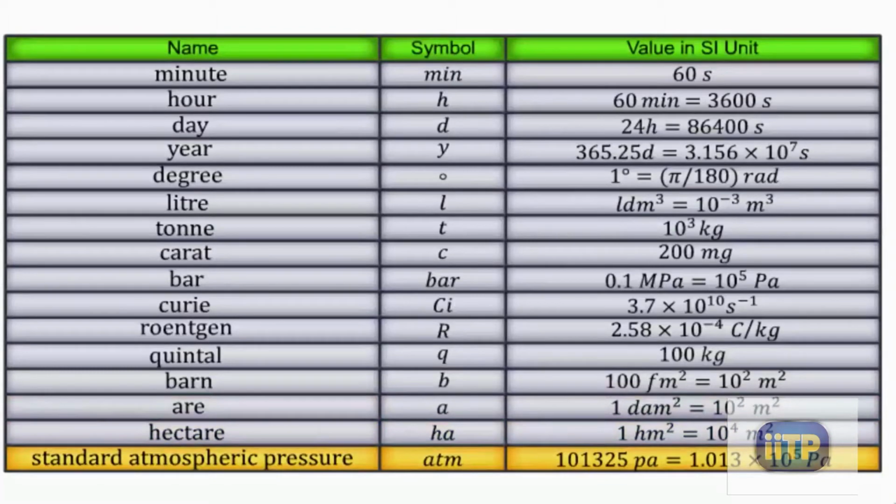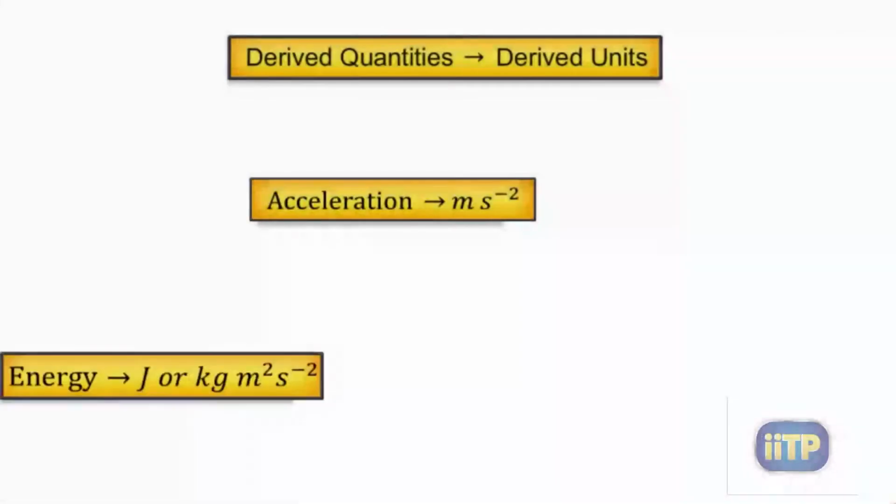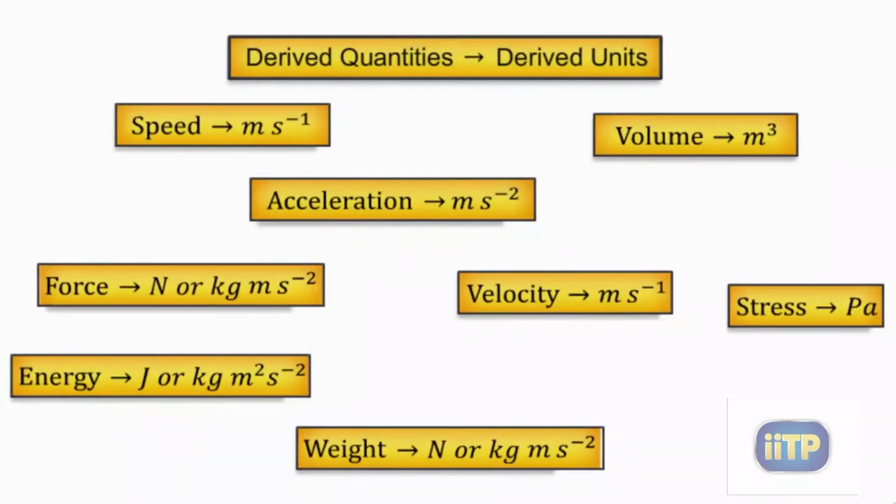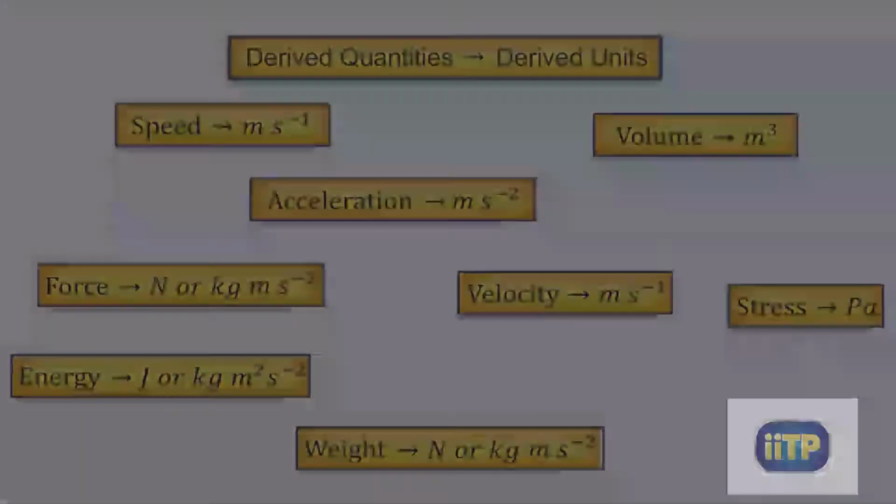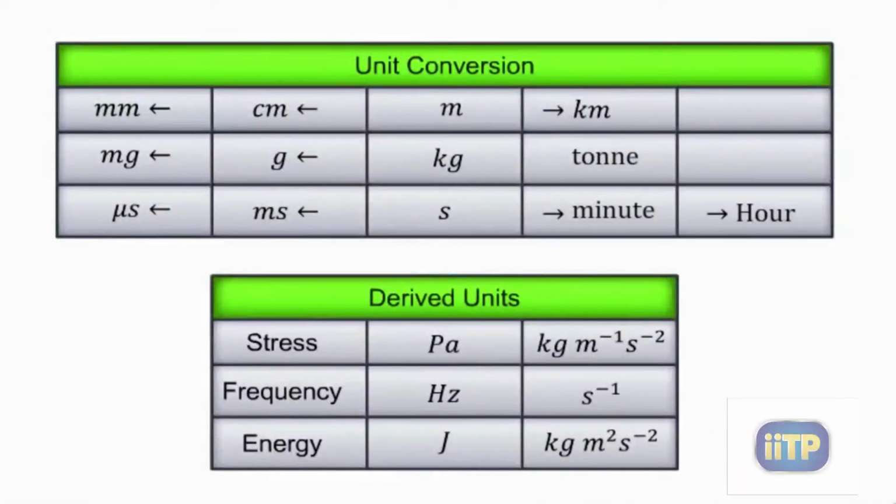For all derived quantities, their units are derived from these base SI units. As SI units use the decimal system, it is easy to convert or derive units from base units in this system. You can easily solve examples.